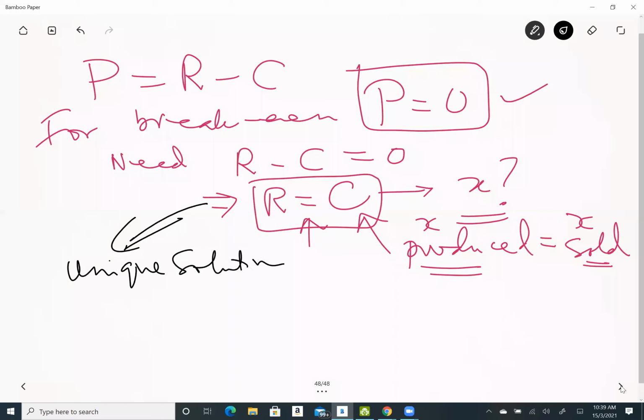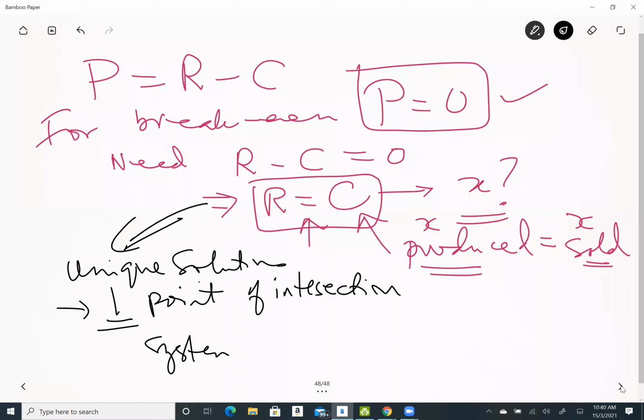That means there is only 1 point of intersection. So the R and the cost will intersect only at 1 point. If you recall, when you have a system of linear equations, we can have infinitely many solutions, no solution, or only 1 solution. We are interested in only 1 solution.